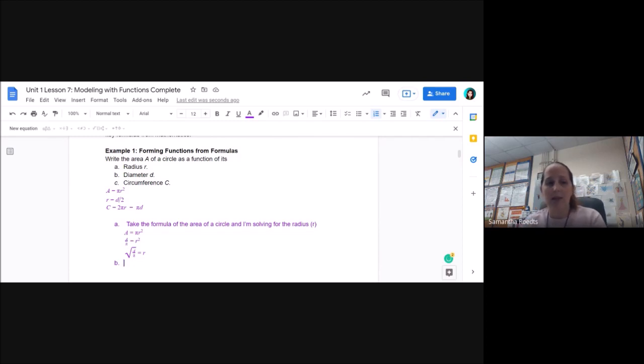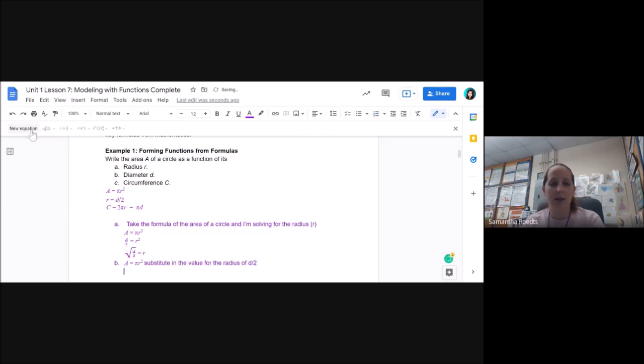So again, A equals pi r squared. Substitute in the value for the radius of d divided by 2.